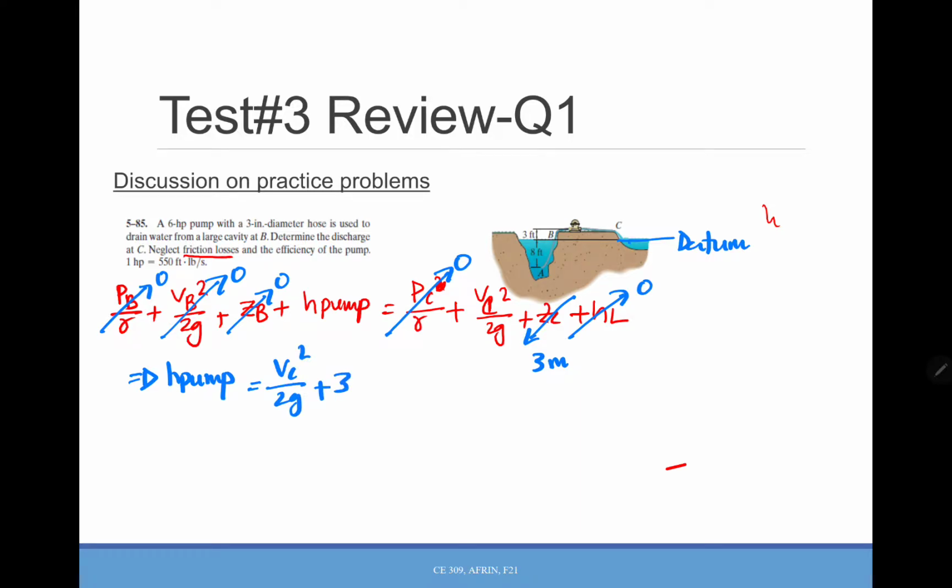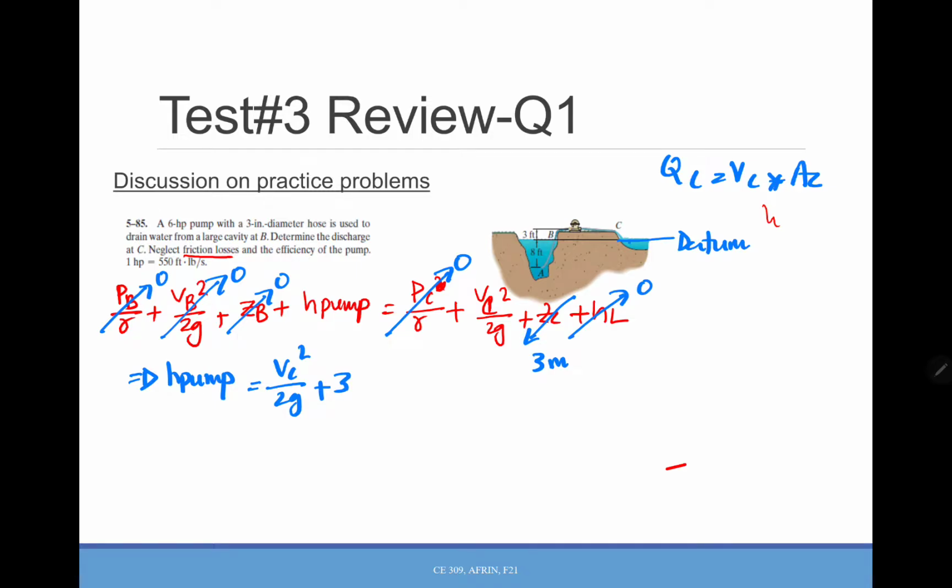Okay, now here we have two unknowns, VC and H pump. Since we need QC, which is VC multiplied by AC, we can work with that. But VC is unknown in this equation, and H pump is unknown.